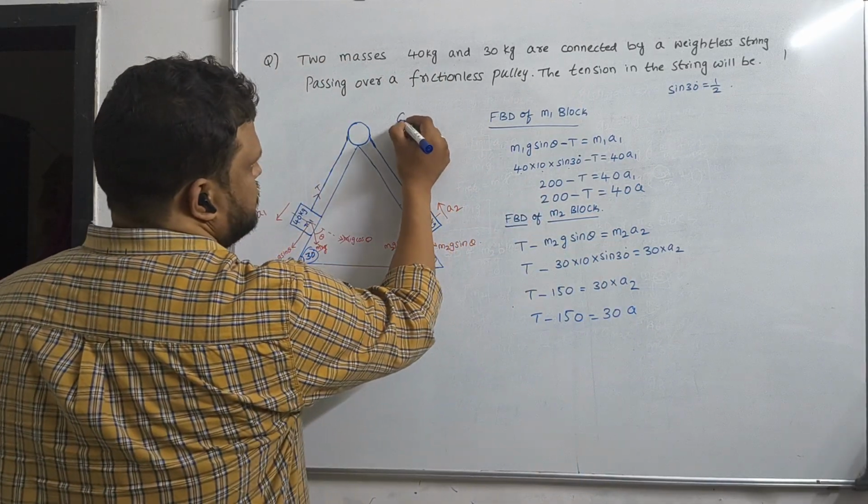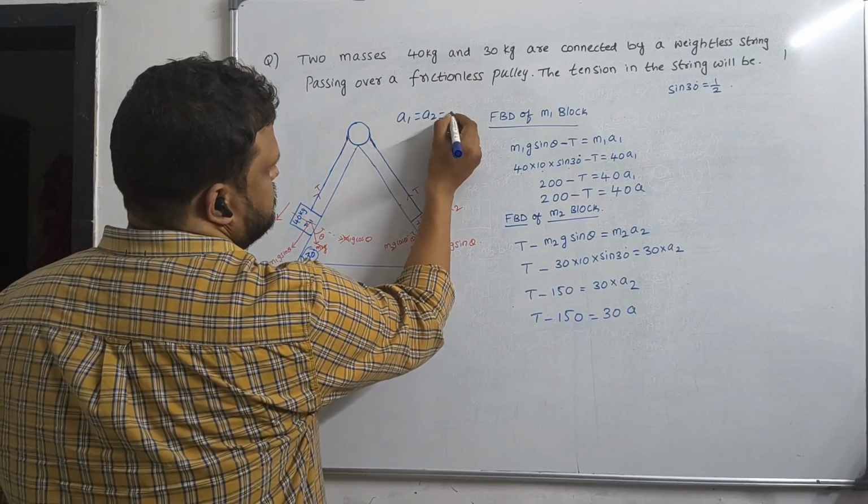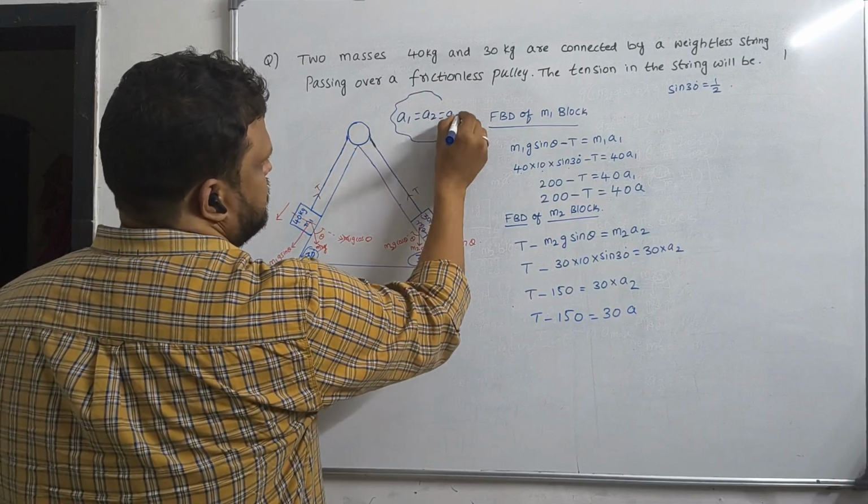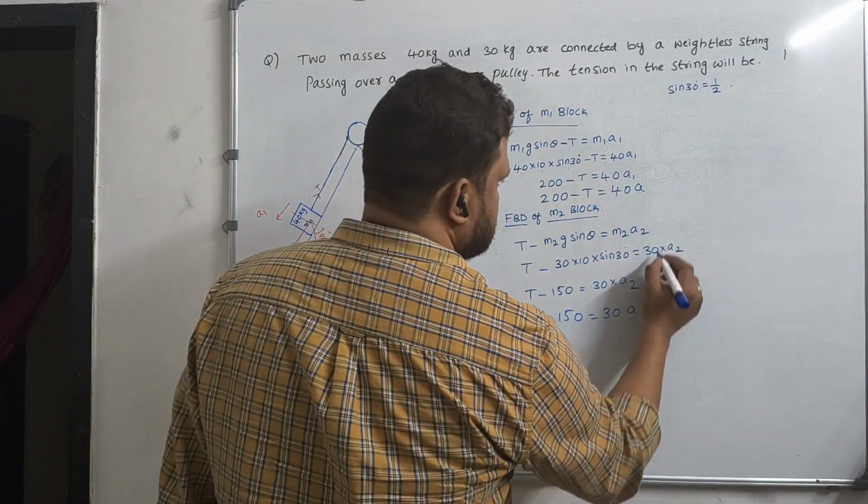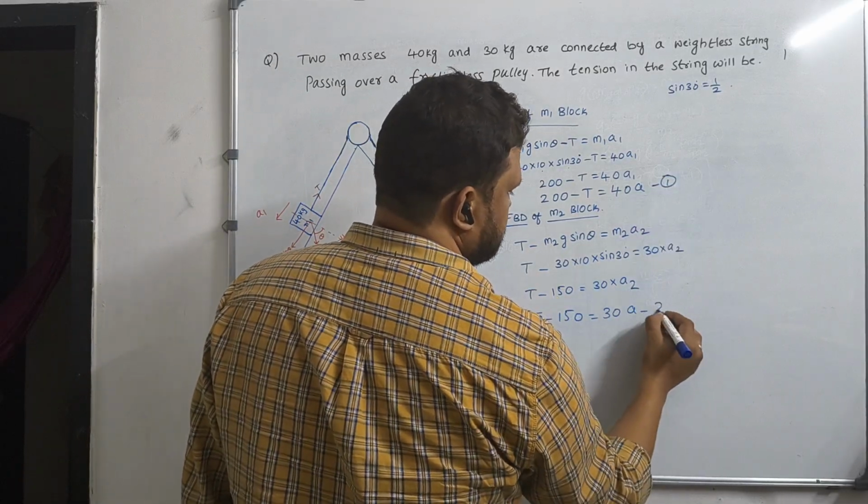Why? Because A1 equals A2 equals A, as it is a single string. So this is your equation number 1, and this is your equation number 2.